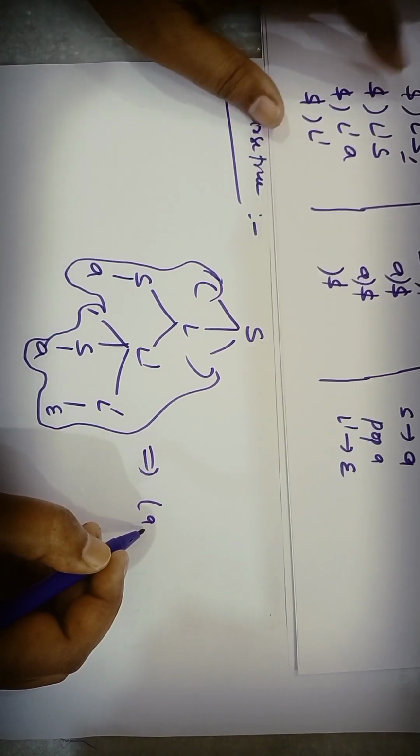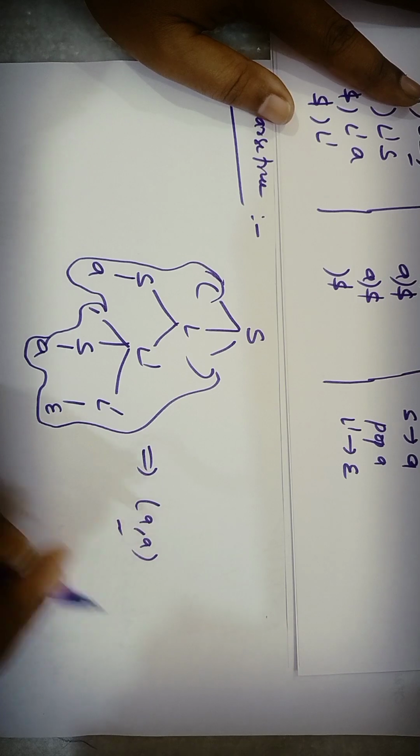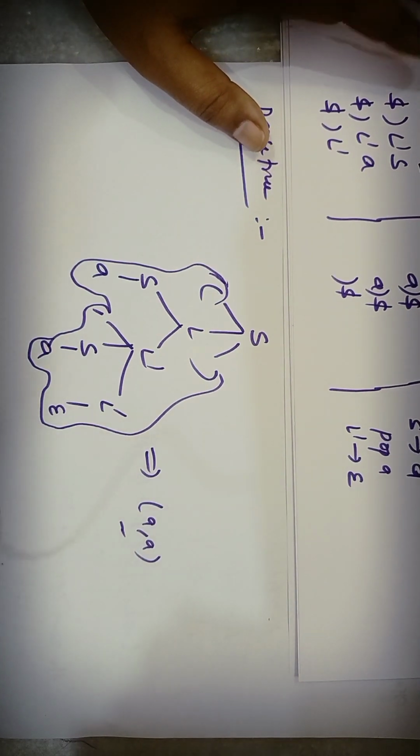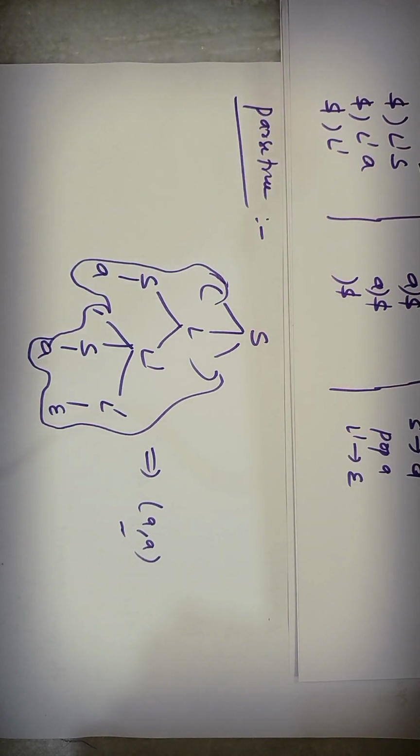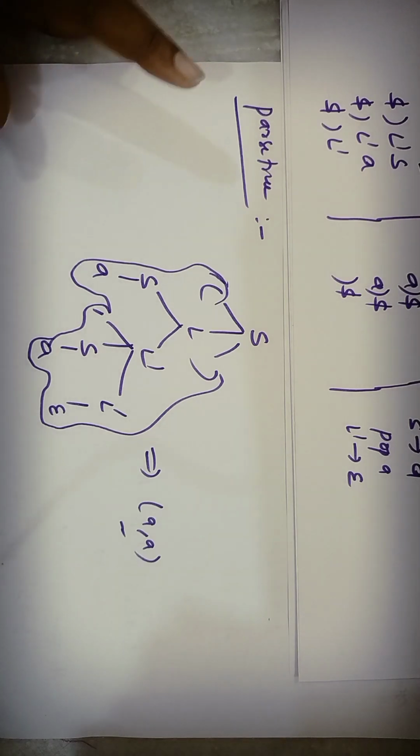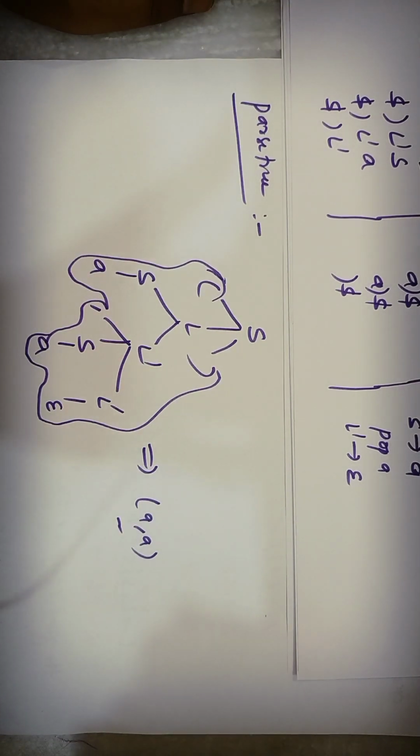It becomes A comma A. So in this way we have to construct the parse tree for a given input string by using the LL parser. So mainly focus on the four steps. First, first and follow. Second, construct the parsing table. Third, input processing. And fourth, parse tree. Okay, do it in this way.